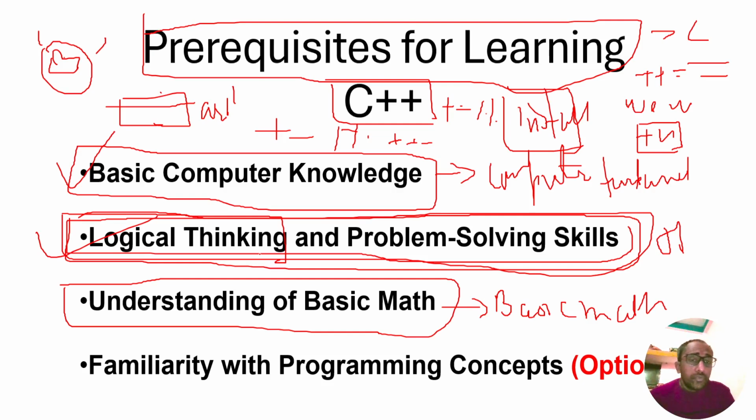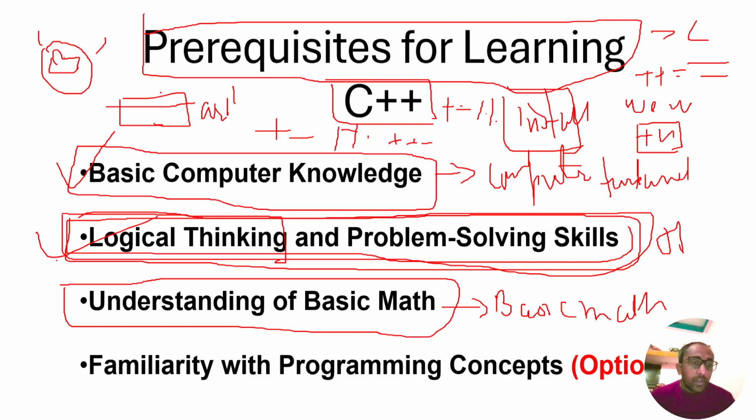In this video we discuss C++, so you must know basic algebra and arithmetic operations like plus, minus, and a bit of logic like and, or, not, which are more useful in C++.